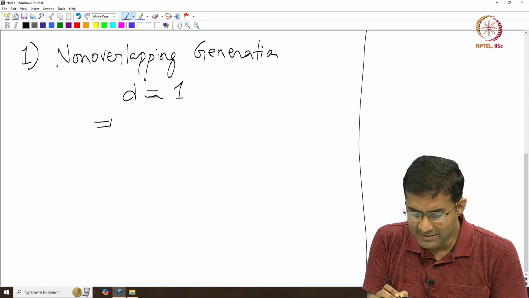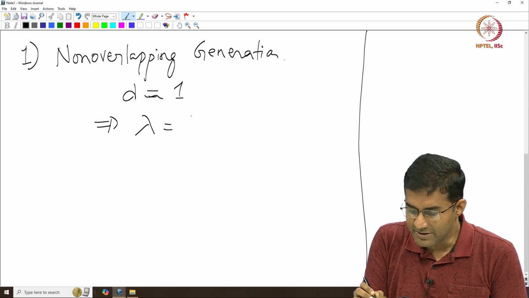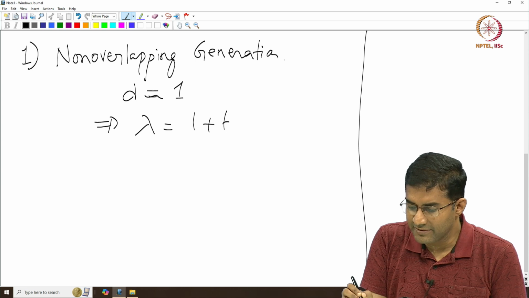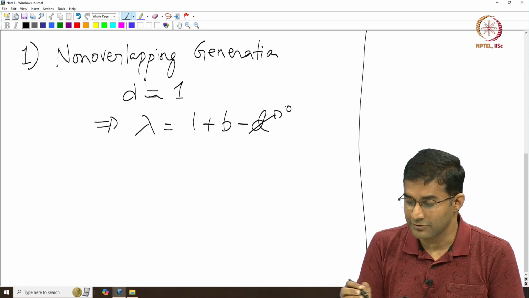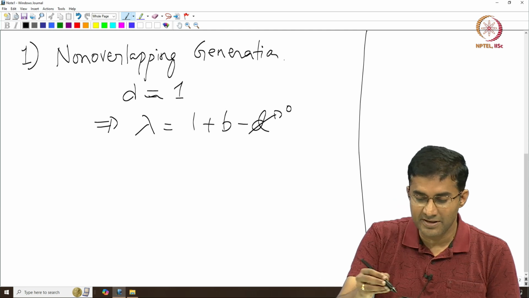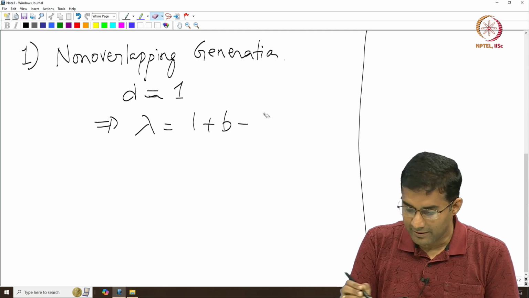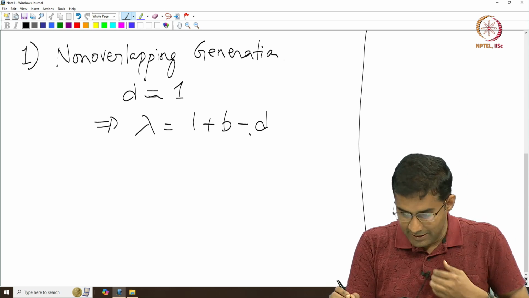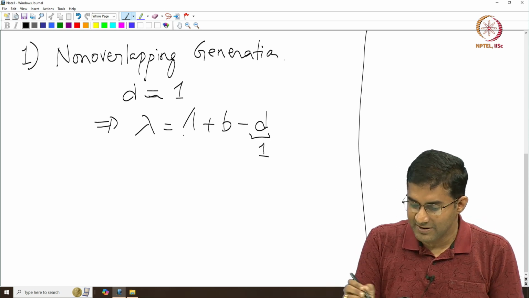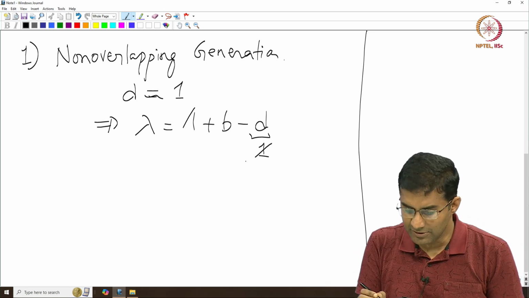This basically means that lambda, which is 1 plus b minus d, has d goes to, sorry, I made a mistake here, d is equal to 1. Since d is equal to 1, the first and the last term basically cancel off.